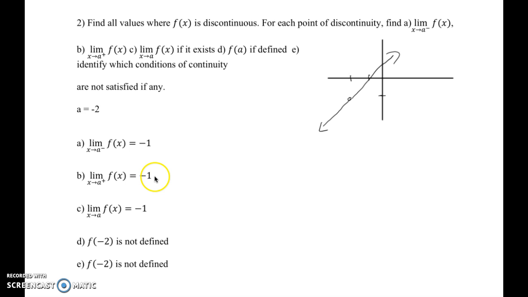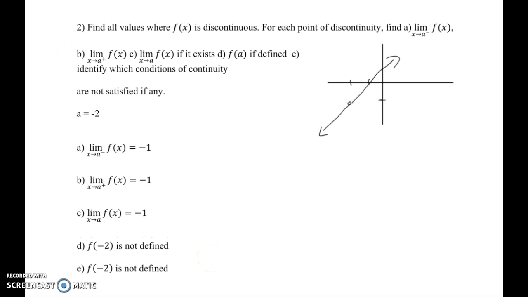And if we approach from the right-hand side, we also have a limit at -1. However, at a equals -2, the function is not defined because there is a hole there. And so this is our hole.